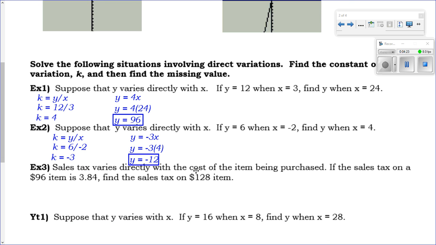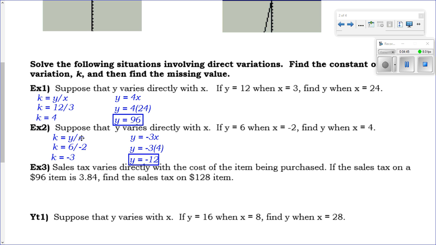The last one. Now this one isn't quite as straightforward as y and x, so we kind of have to read the problem here to figure out how we're going to set this up. Sales tax varies directly with the cost of the item being purchased. So right there, that first sentence, tax varying directly with the cost of the item being purchased, I'm going to change my secondary equation.